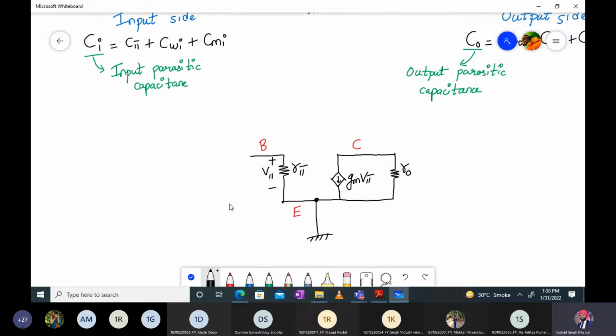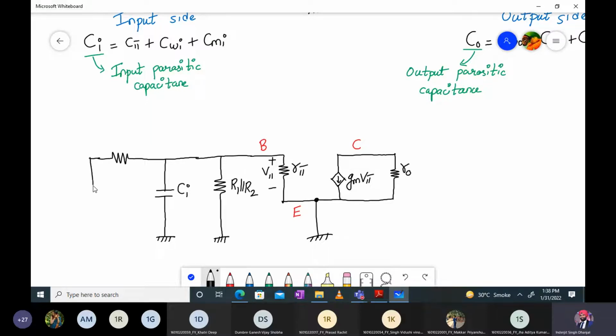We have R1 parallel to R2 at the base side, correct? Then we have R sig over here. Then we have Ci, we can write just one capacitor, Ci, the input parasitic capacitance.